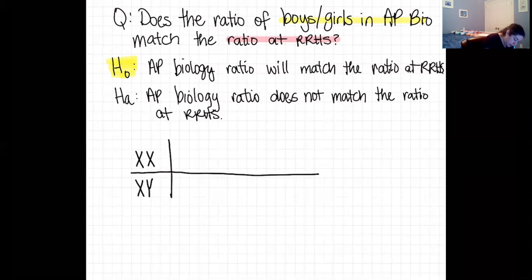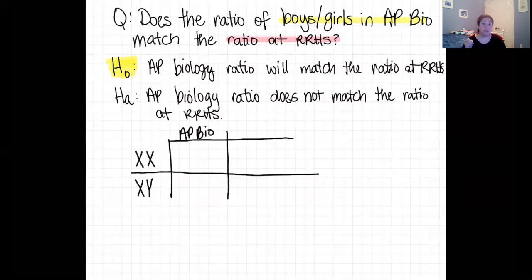First, we're going to look at AP Biology. Okay, so in AP Biology, we have 210 female and 109 male. Again, this is based on the presence of that Y chromosome.